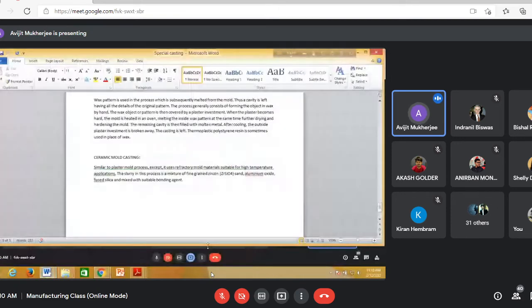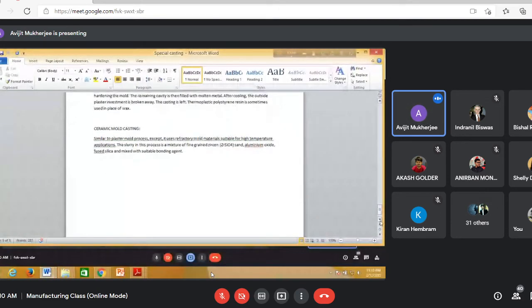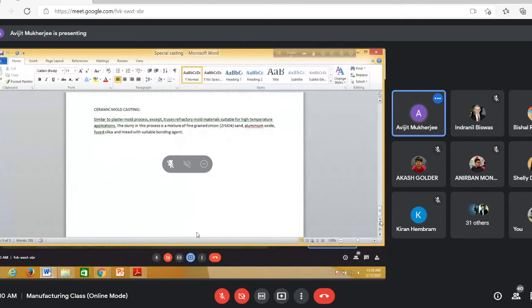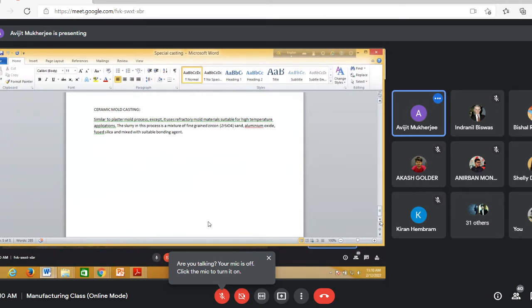As I have mentioned, this plaster of Paris has some problem, particularly for ferrous material. The temperature it can withstand is a maximum of 1200 degrees centigrade. That's why it is suitable for light materials like aluminium, bronze, any other light materials.